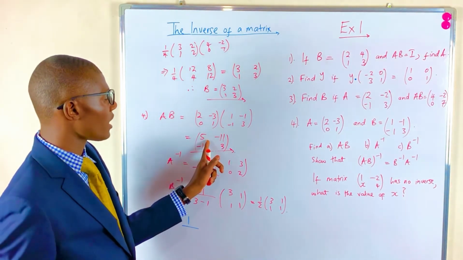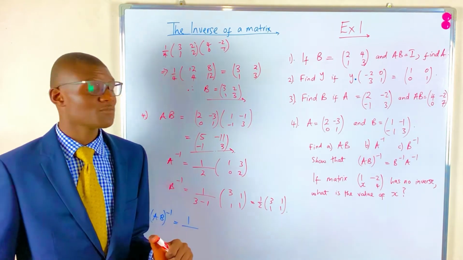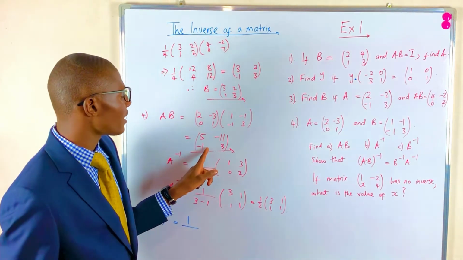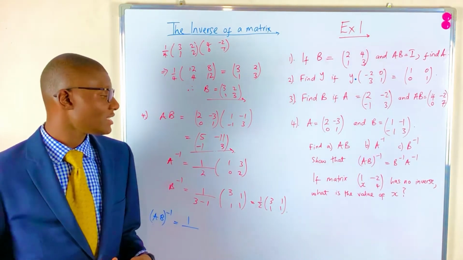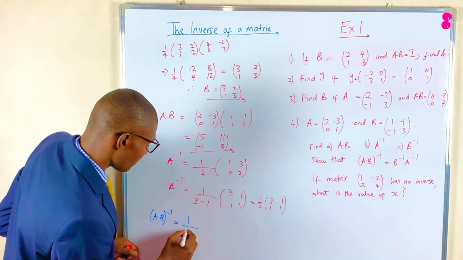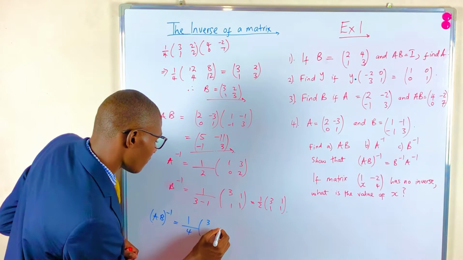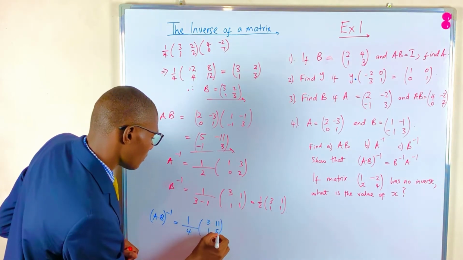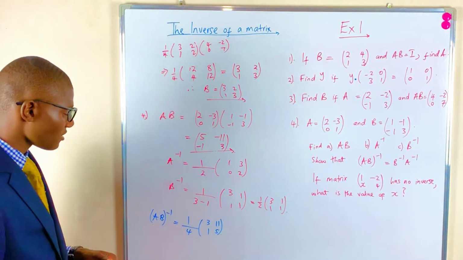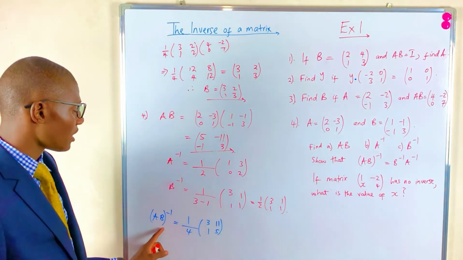The determinant shall be 5 times 3, that's 15, minus 1 times -11, that's 11. 15 minus 11, we get a 4. And then we've got [3, 11; 1, 5]. So this is the inverse of AB.